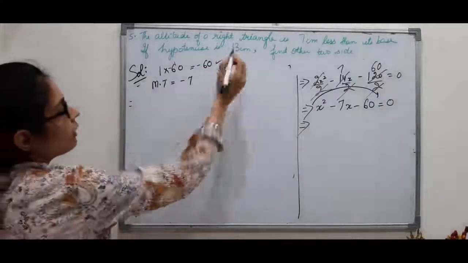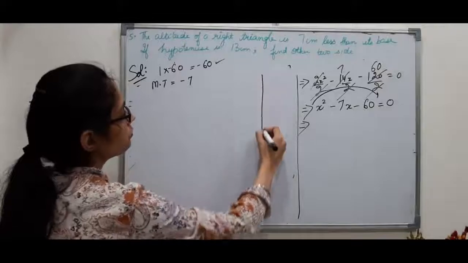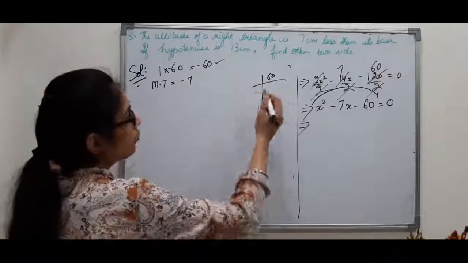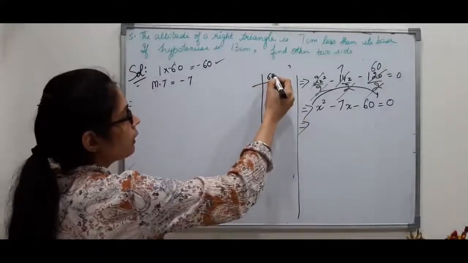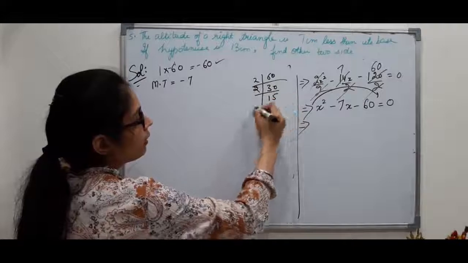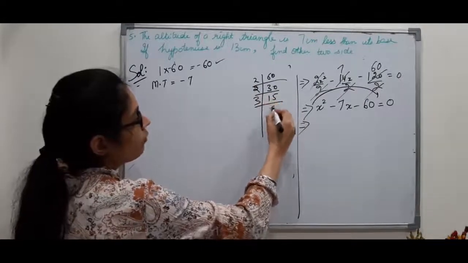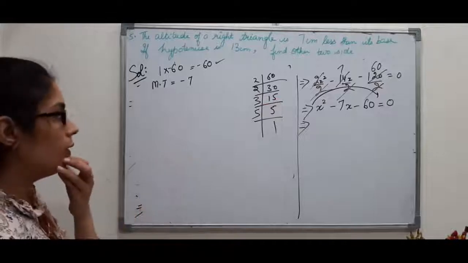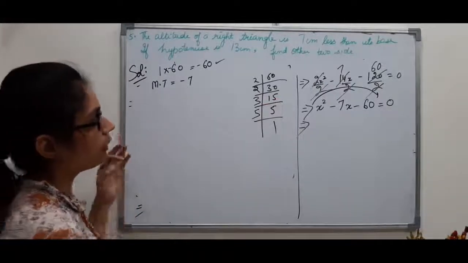Now let's make the factors of 60. We will start from the smaller number and then make pairs: 30, 2, 15, then 3, 5, 5, 1. This factorization is simple. All of us can do this.